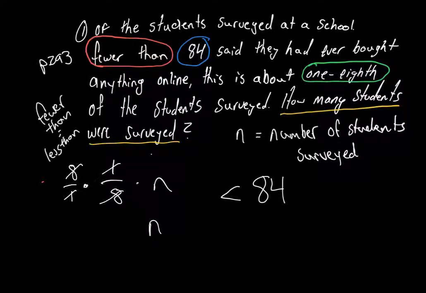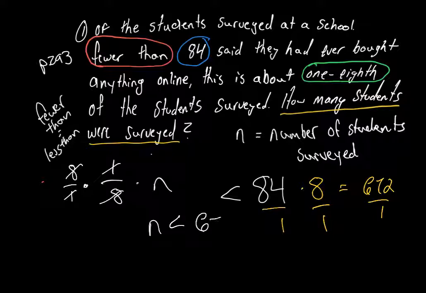We're just left with n. But remember, we must multiply the other side by 8/1. Okay? So I get 84 times 8, and that's going to be 672/1. So n has to be less than 672/1.